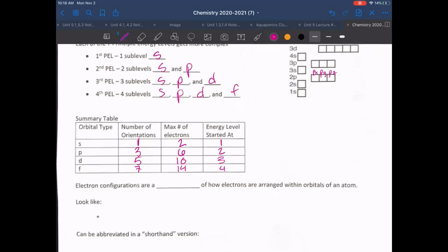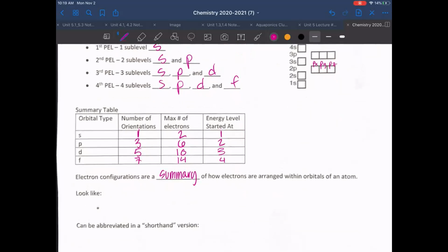And so what these electron configurations are, just think of them as a summary. This is just how the electrons arrange within the orbitals. And so recall that the electron configuration, so I'm going to bring back magnesium, is the 1s2, 2s2, 2p6, 3s2. So when I say electron configuration, it's this formula.